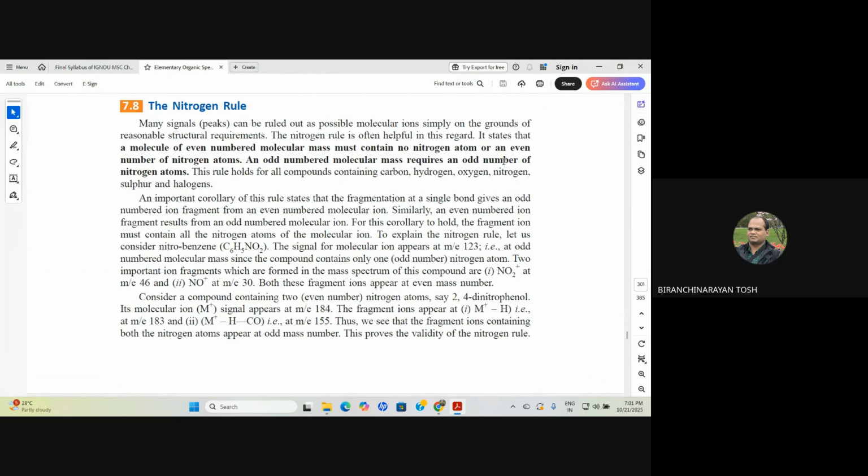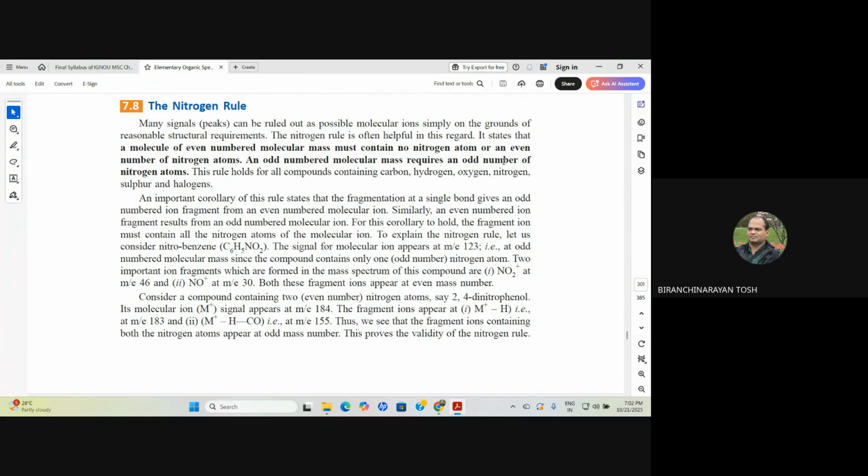Because you see, there will always be an even number of hydrogen in comparison to carbon. Molecular formula: alkane CnH2n+2, alkene CnH2n, alkyne CnH2n-2.